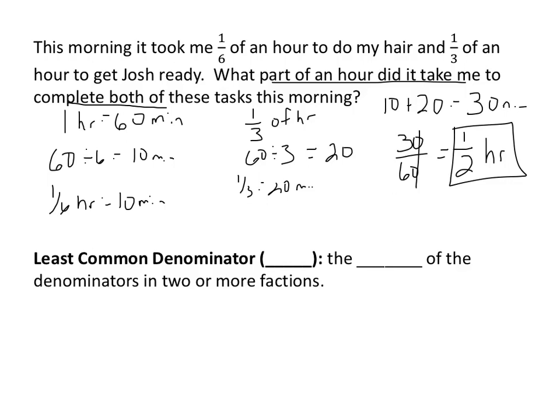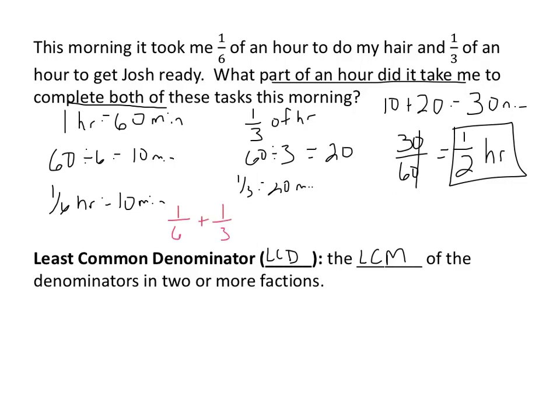Really what we're looking for here is something called the least common denominator, or the LCD. The LCD is the least common multiple of the denominators in 2 or more fractions. So another way, going back to the previous problem, is I'm taking 1/6 plus 1/3.